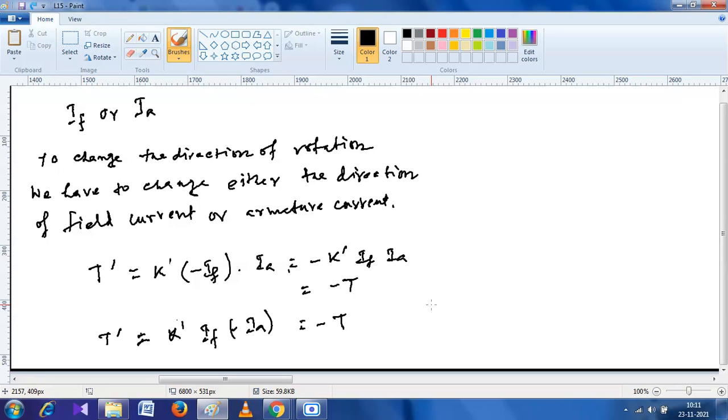So for shunt motor, first we change the direction of field current.